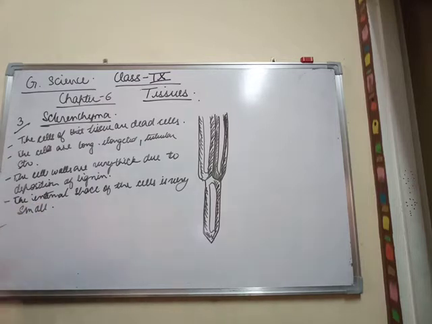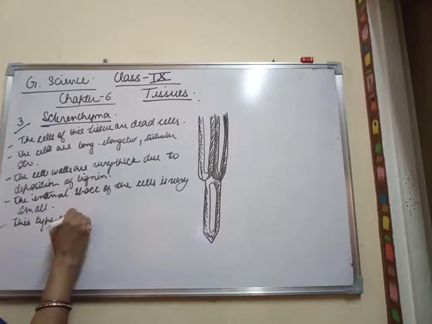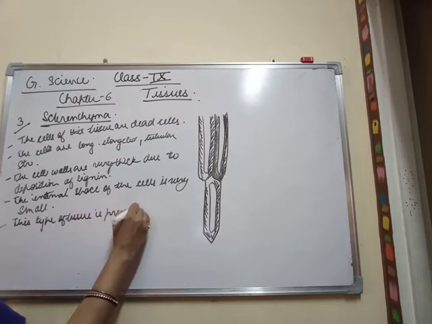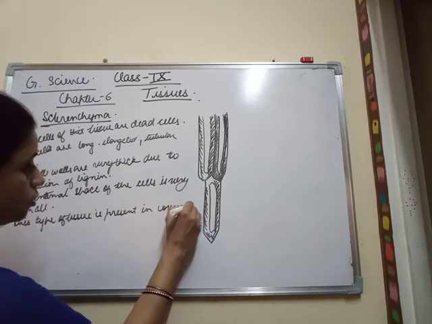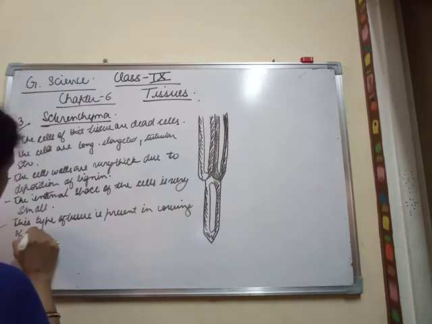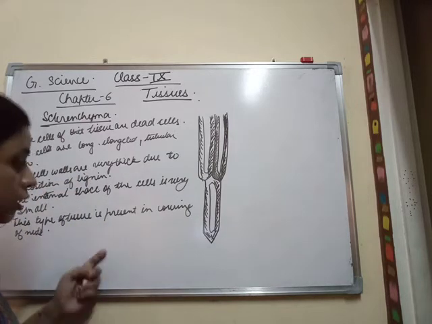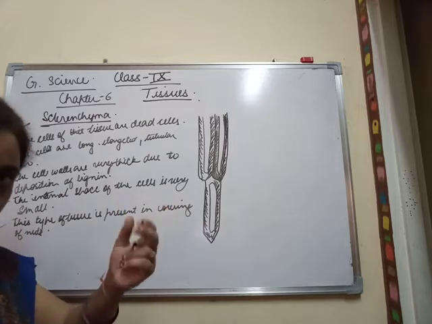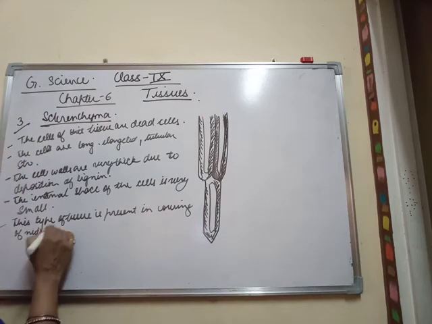Then talking about the next, this type of tissue is present in the covering of nuts. You must have seen the covering and coating of nuts. They do contain the sclerenchyma tissue. Then you must have seen the husk of the coconut. The husk of the coconut is again made up of sclerenchymatous tissue.